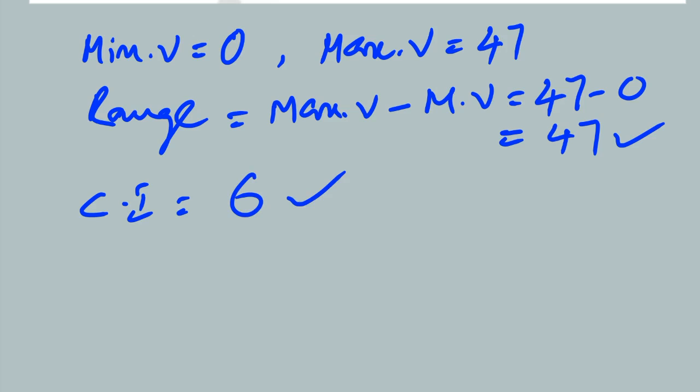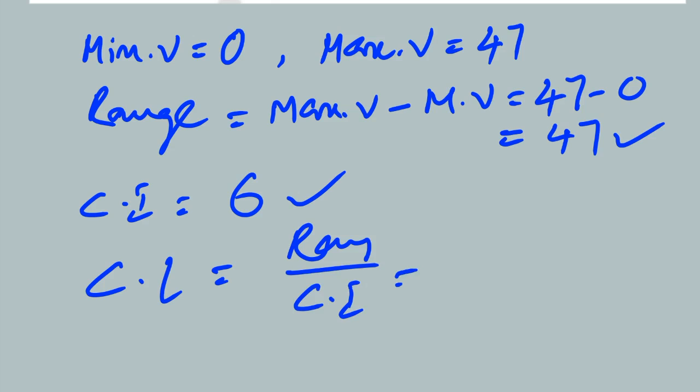After finding the range and class intervals, we are going to find the class length. How do we get the class length? It means range divided by class intervals. Range we already got, that is 47, divided by 6, the class intervals we selected.